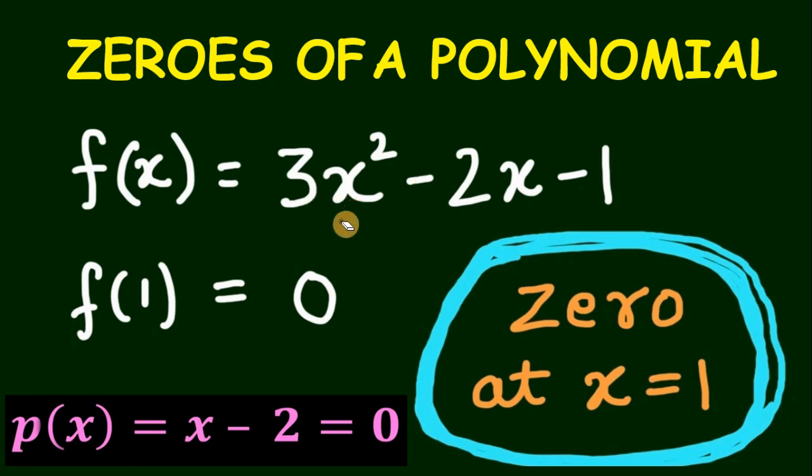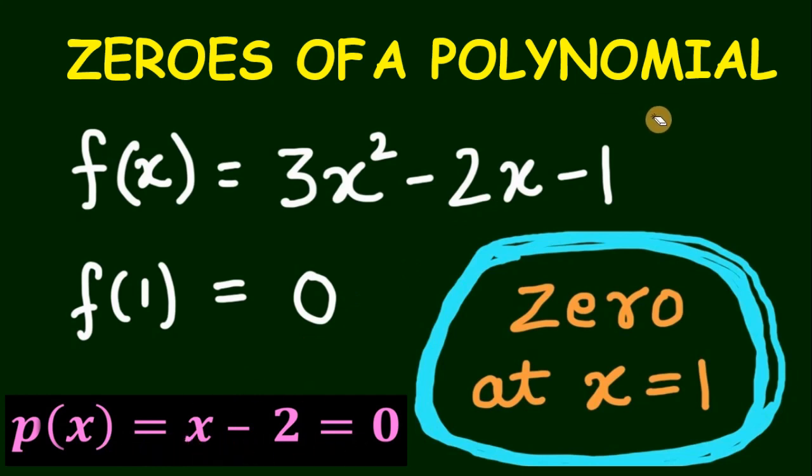See, even for this you have f of x is equal to 3x square minus 2x minus 1. So when you substitute for 1 you are getting 0. So then you can say that you get the 0 at x equal to 1. Like this, if you keep on substituting, we can find out where all we are going to get this 0. Here you have p of x equal to x minus 2 equal to 0.